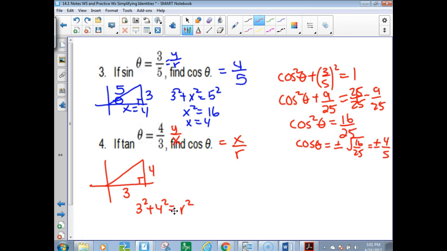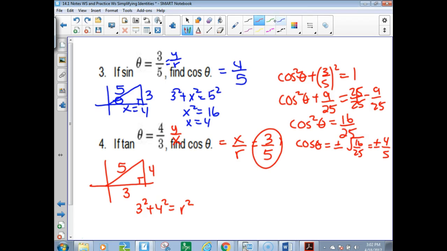Is it 5? Okay. Yeah, very similar, isn't it? Okay, so the cosine should be adjacent over hypotenuse, should be 3/5. Good enough for that one, or do we want to go with an identity?